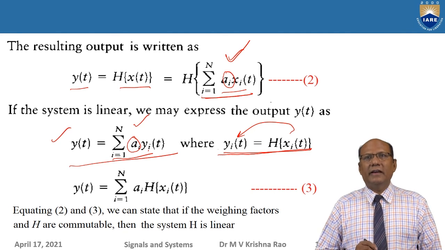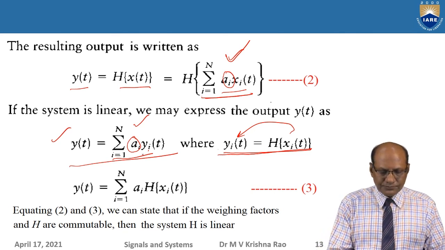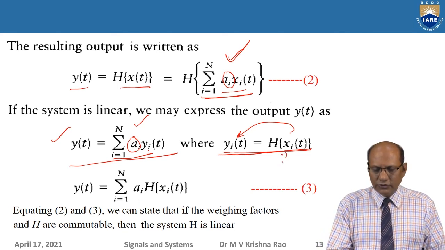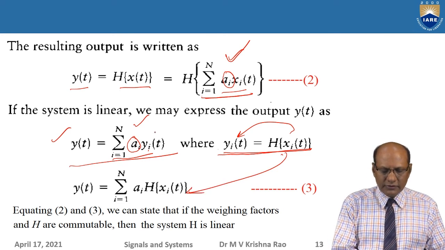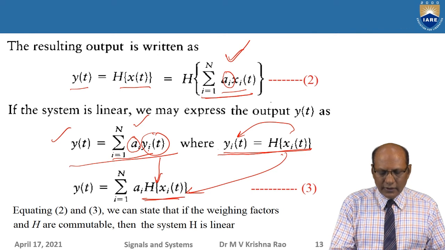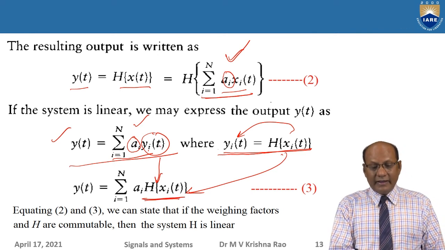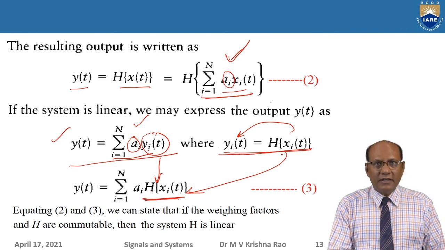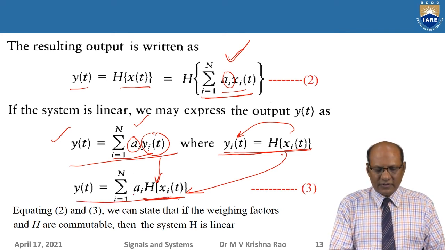That is what is called linearity. Now, this is individual. So substitute this here. This is y of t, correct? Substitute for y of t. yi of t is nothing but h of xi of t, and this scaling factor will be there.